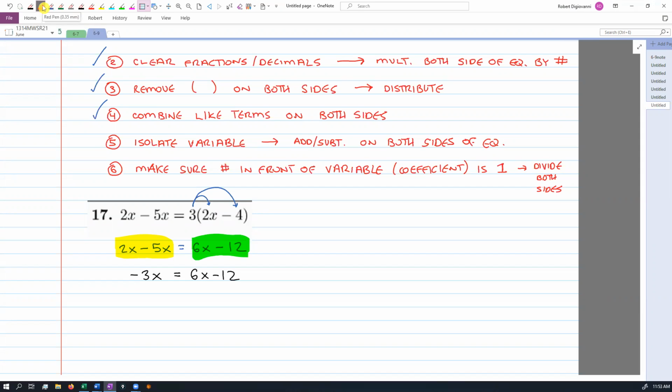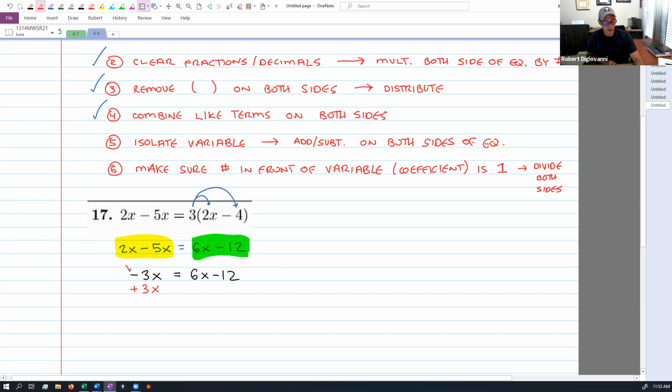Isolate the variable. So you said you want to move the 3x to the other side. How would you do that? What do you have to do on both sides to do that? Add 3x. Okay, so 6x. You're adding because it was a negative sign there, right? So you have to do the opposite. So you add 3x there, add 3x there.